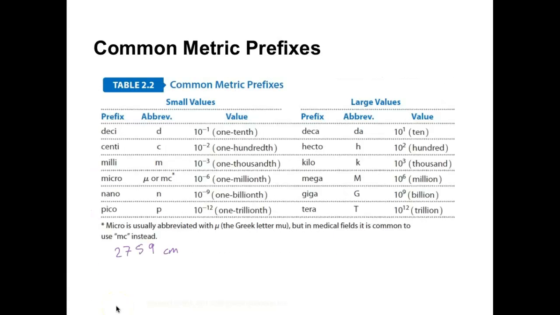And we're just going to convert that into meters. So I'm going to make it a fraction. I'm going to multiply by a conversion factor where I have centimeters in the denominator, and I want meters in the numerator, right? So I just need to know how many centimeters are in a meter. So this will be 1 meter up here. Centi is 1/100th, meaning there are 100 centimeters per 1 meter.